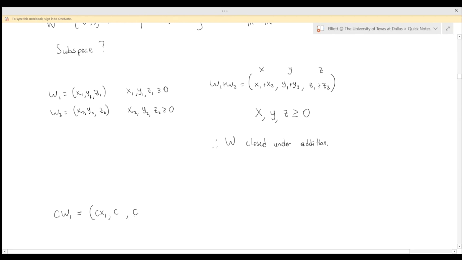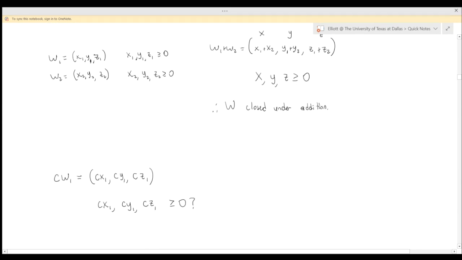Are the x, y, and z components here necessarily going to be non-negative? Okay, so what do you guys think? If x1, y1, and z1 are greater than or equal to 0, is it necessarily the case that after multiplying by a scalar c, everything would remain non-negative?